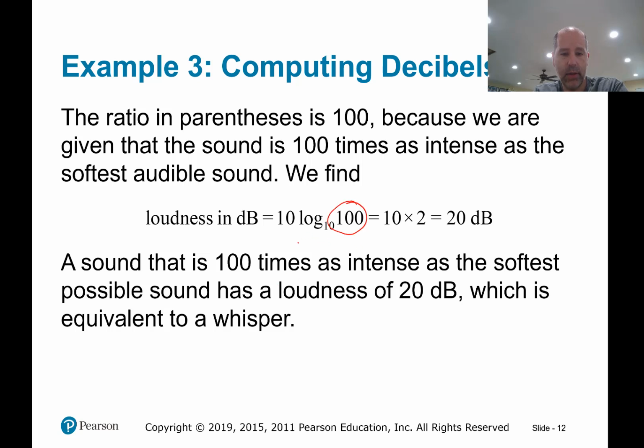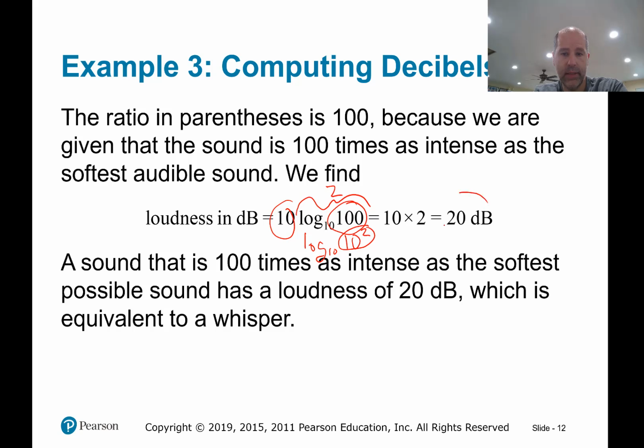If we have log base 10 and we change this 100 to 10 to the second power, the log base 10 and this exponential cancel each other out using the property of logs, and we end up with 10 times 2, because log base 10 of 100 reduces to 2.